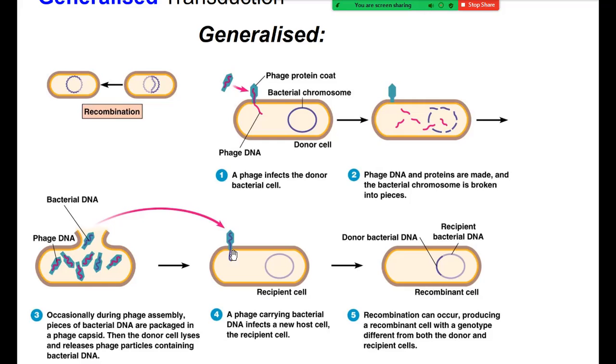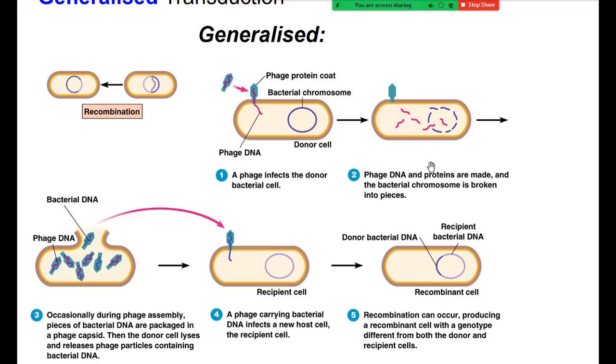And then that host chromosome DNA can recombine with the chromosome, and then the new cell can get a new gene which can be expressed, and this we call the recombinant cell. And this new DNA can change the properties of this cell.